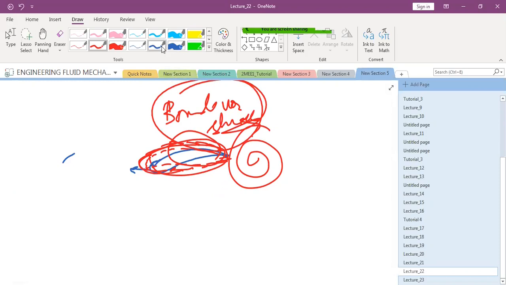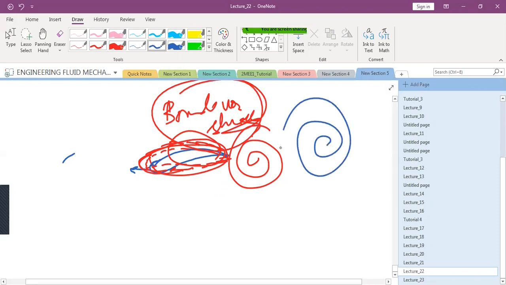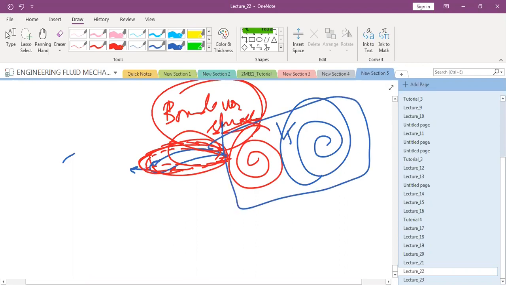and this was the previously shed vortex which was in anti-clockwise direction. Sir, what does shed mean? Shed means it has shed that vortex out of itself. This vortex was bound in this. Bound means the fluid was flowing in this direction. So this was bound with the aerofoil.